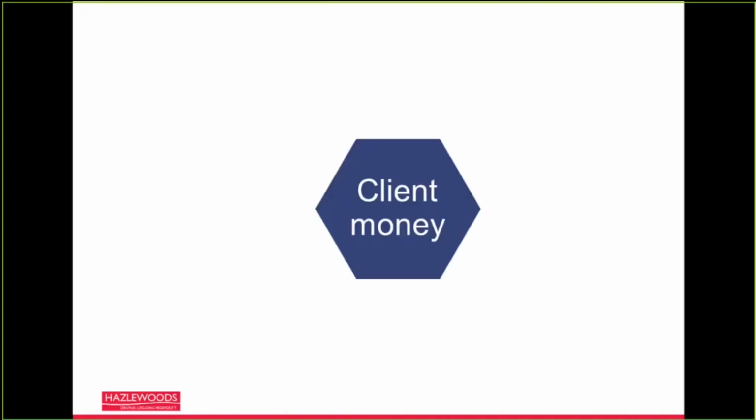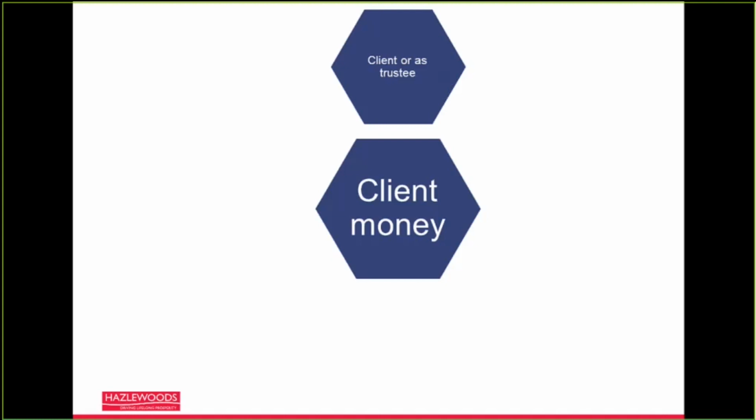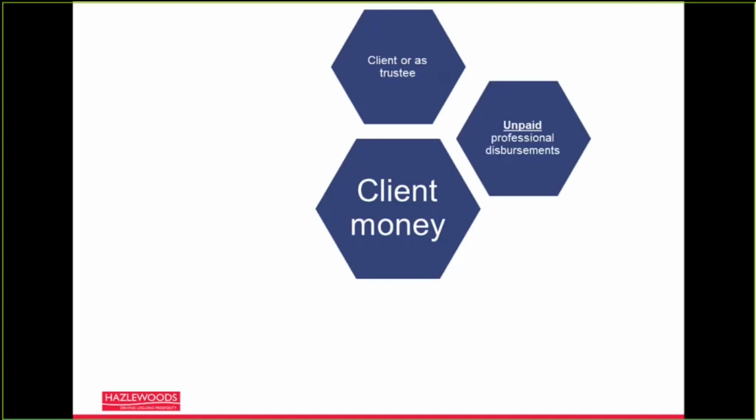So if we start with the basics, the client, as defined by Rule 2, is the person for whom you act, and client money is defined by Rule 12.2 as any money held or received for a client or as a trustee, and all money which is not office money or out-of-scope money.